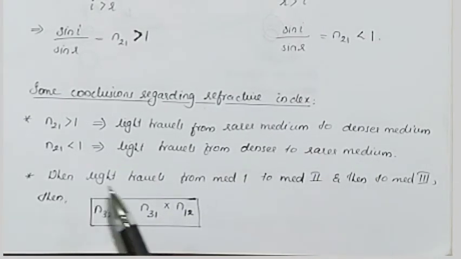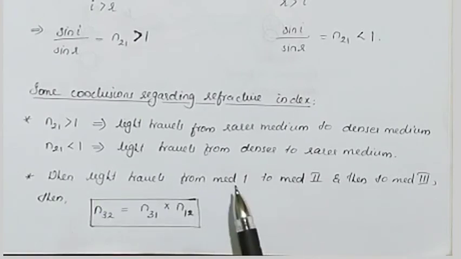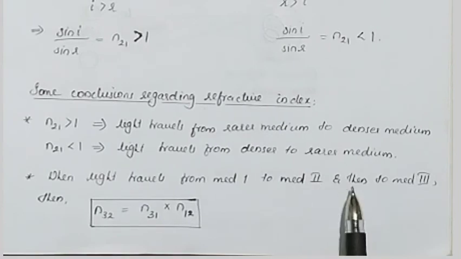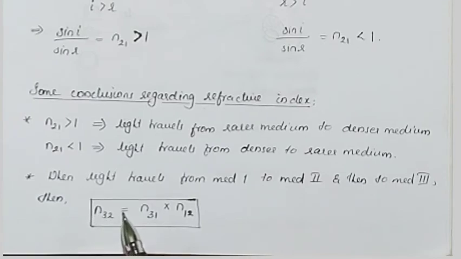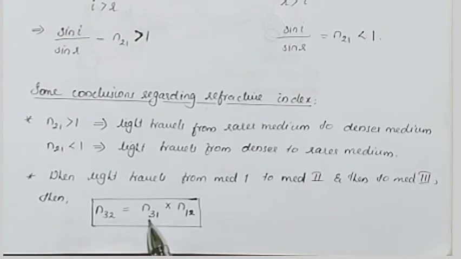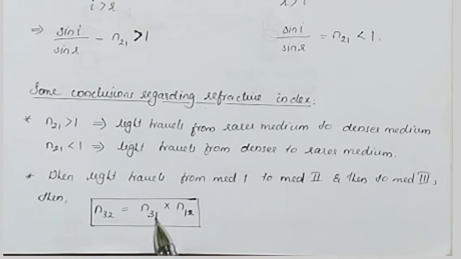And if we have 3 media, that is, light travels from medium 1 to medium 2 and then to medium 3, and we know the refractive indices of each pair of these media, then we can write the relation as n32, the refractive index of the third with respect to the second, is equal to n31 into n12. As you can see, the subscripts follow a particular pattern. This is an important relation that we obtain when we have more than 2 media for refraction.